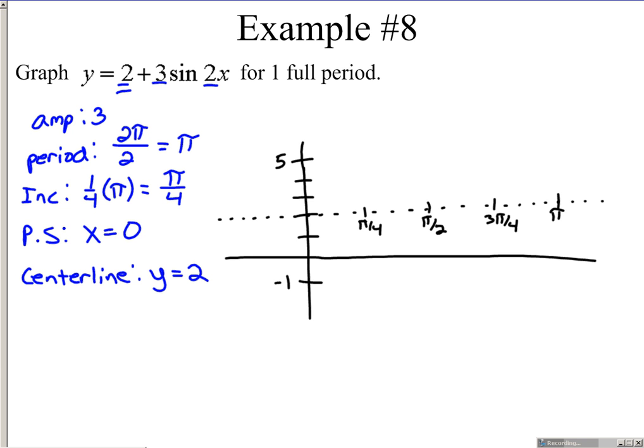We're dealing with a sine graph. We know sine graphs start on the center line at the phase shift value. It's a positive sine graph, so it is going to go up from here. Fill out your pattern. And there's your graph.